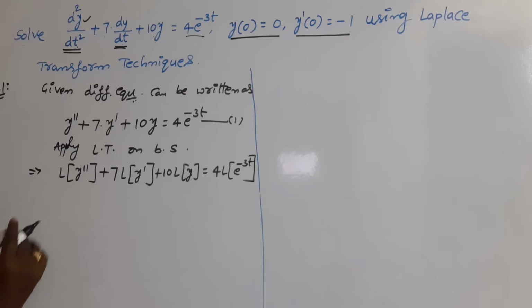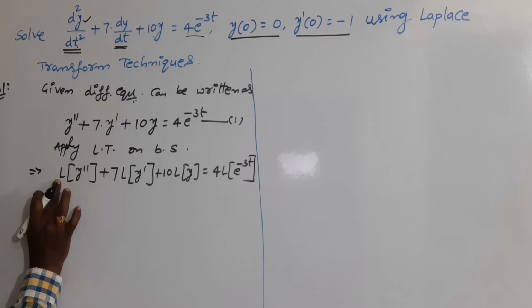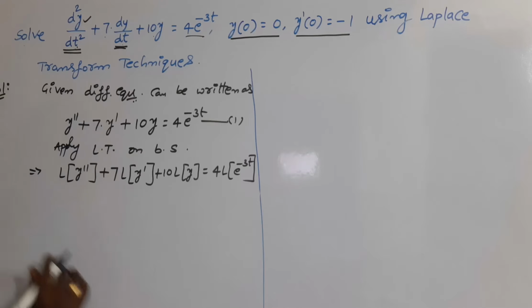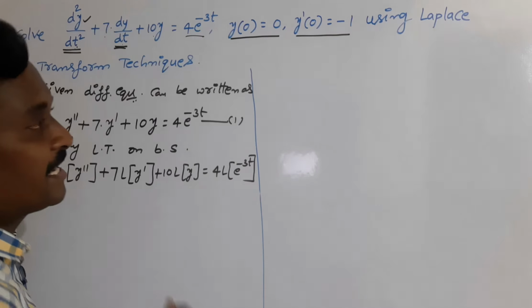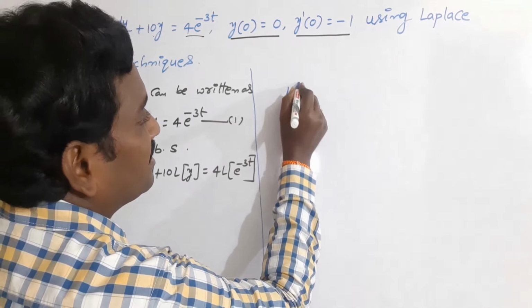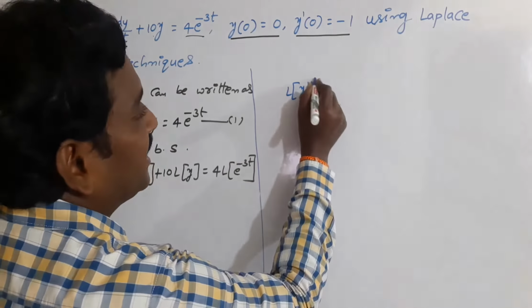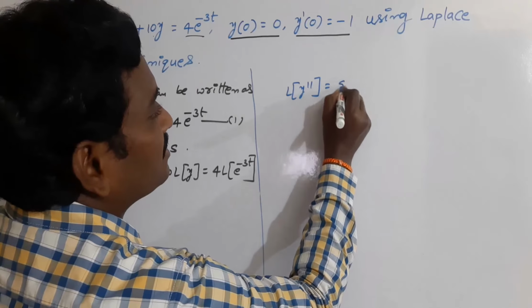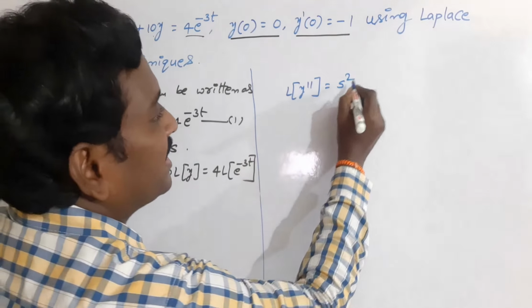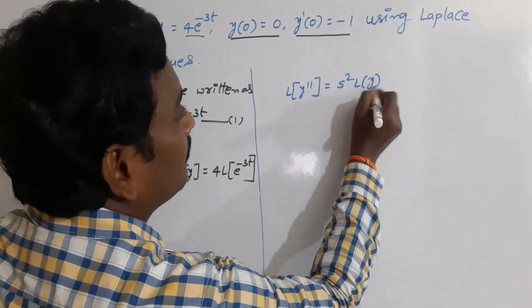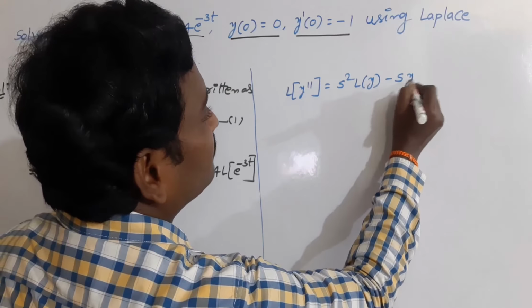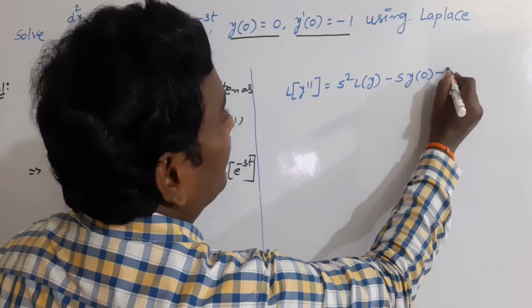Now these are nothing but Laplace transformations of derivatives. Already we saw the formula of Laplace transformations of derivatives in earlier videos. I will write the formula again. What is L of y double dash? The formula for L of y double dash is s square into L of y minus s into y of 0 minus y dash of 0.